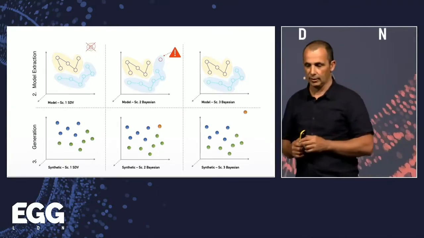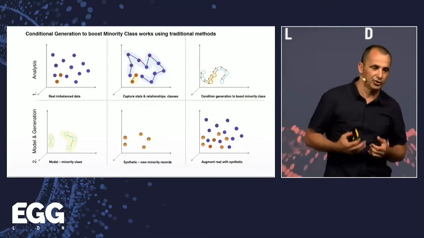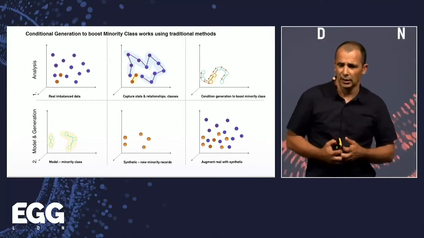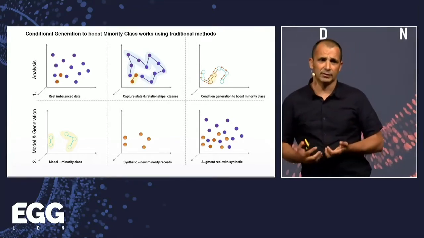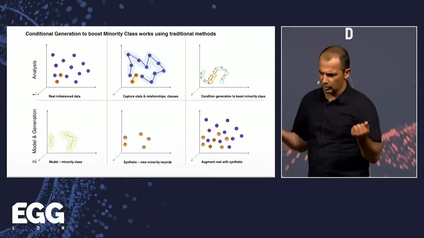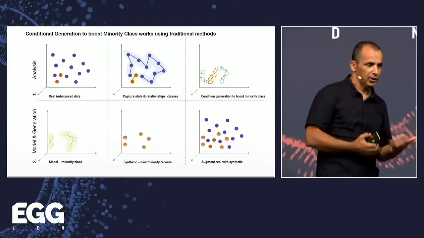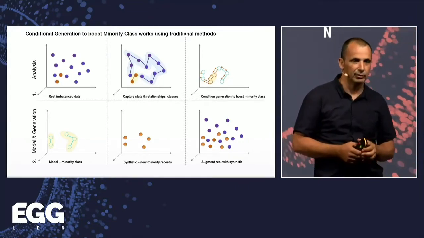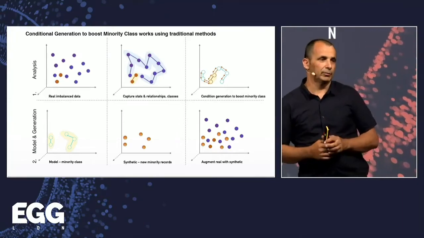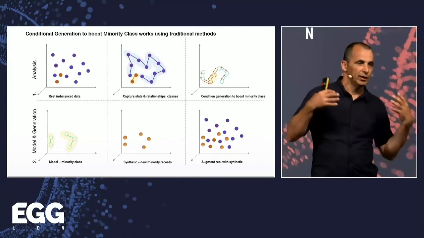And the third method is generative adversarial networks, or GANs. The beauty about GANs is that they can run conditional generation. As I mentioned before, you can condition the generator towards a specific class, a specific category. In a use case we worked on in the past regarding fraud data, we were able to synthetically create new samples of fraudulent transactions.